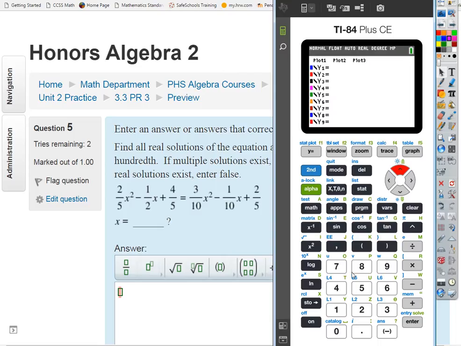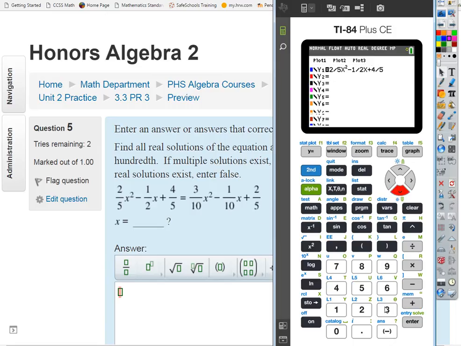So this is going to give us 2 divided by 5 x squared. You can put the 2/5 in parentheses if you're not sure how to deal with that. You can always put fractions in parentheses. Minus 1/2 x plus 4/5.